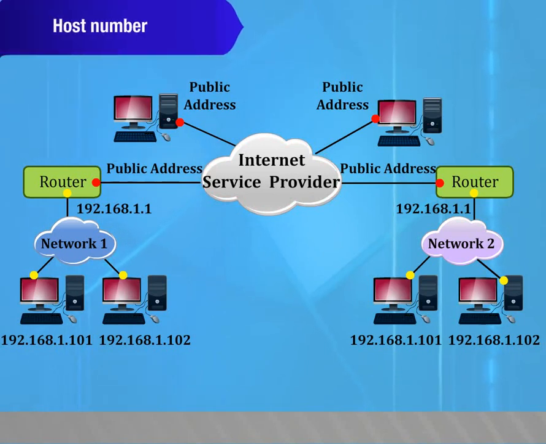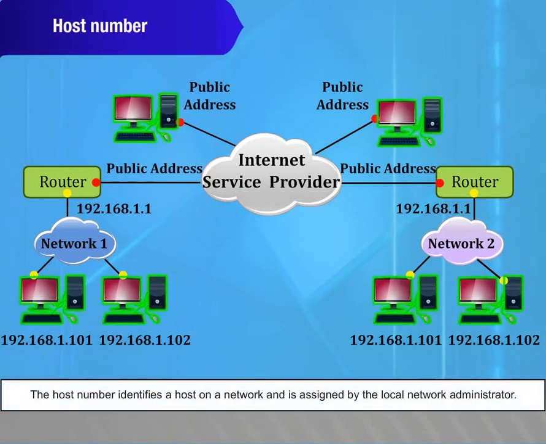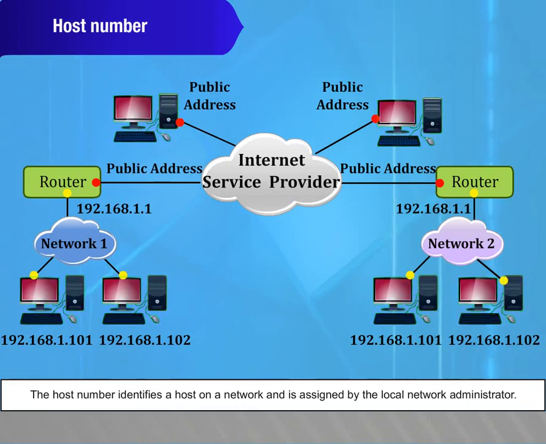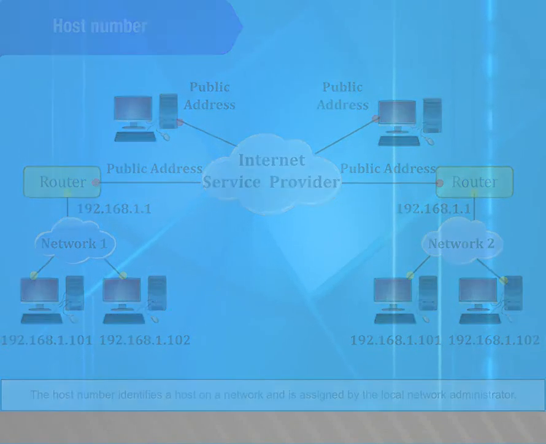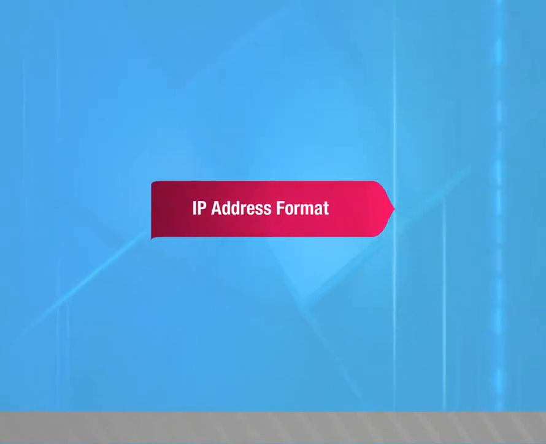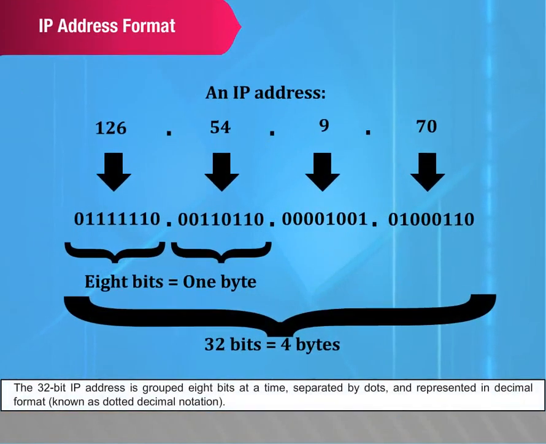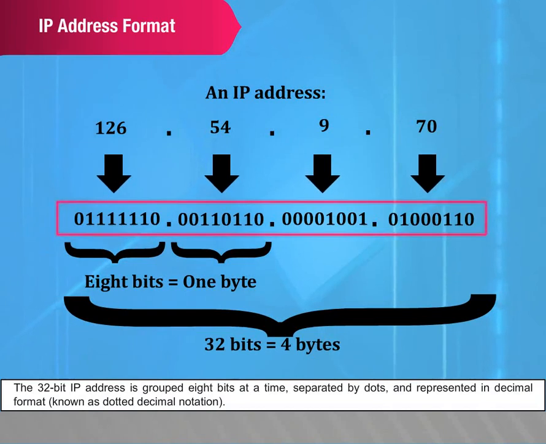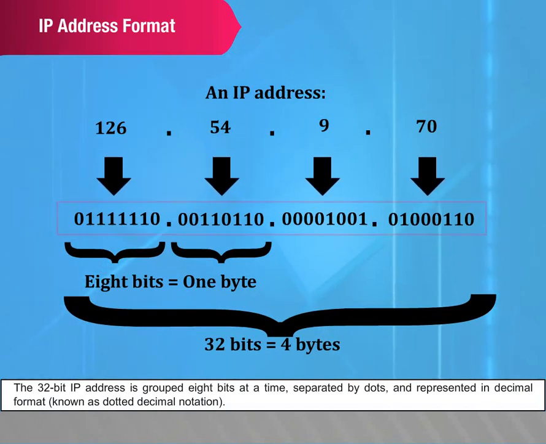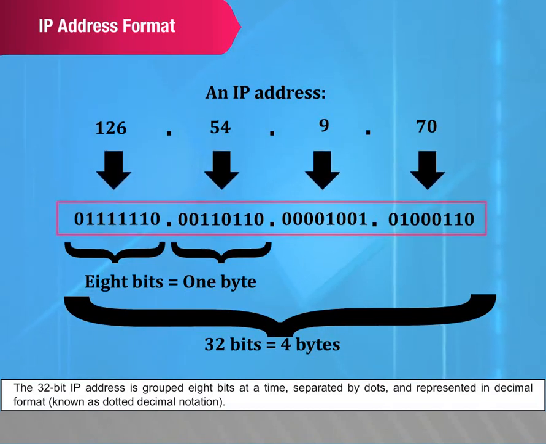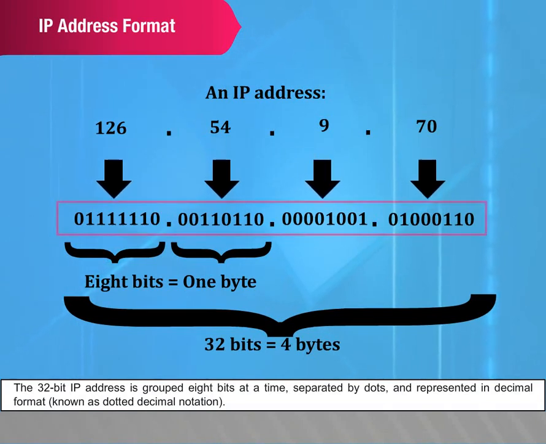Host number. The host number identifies a host on a network and is assigned by the local network administrator. IP address format. The 32-bit IP address is grouped 8 bits at a time, separated by dots and represented in decimal format known as dotted decimal notation.